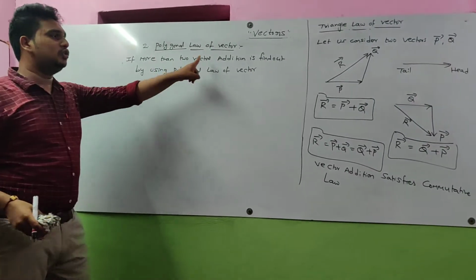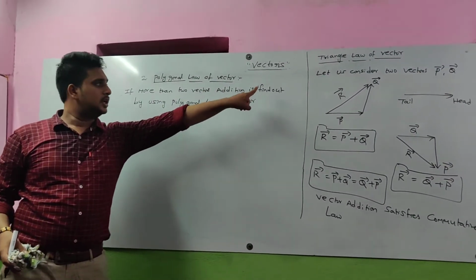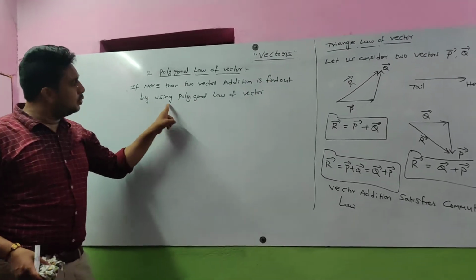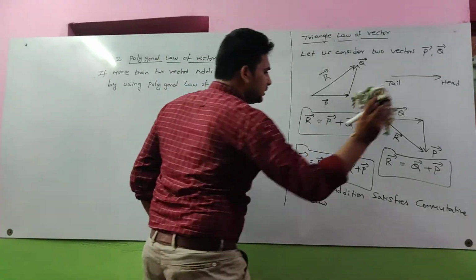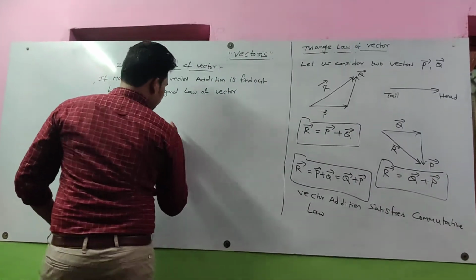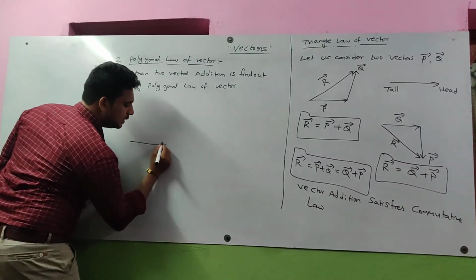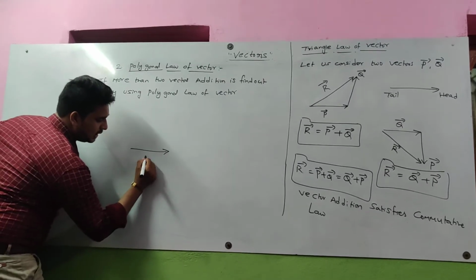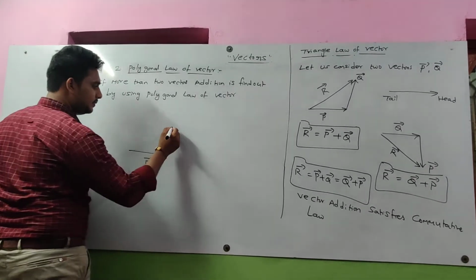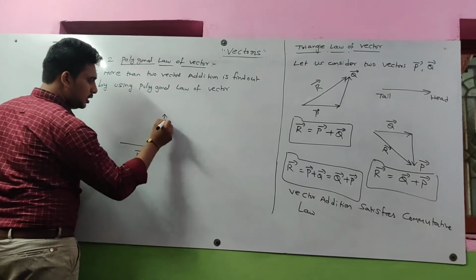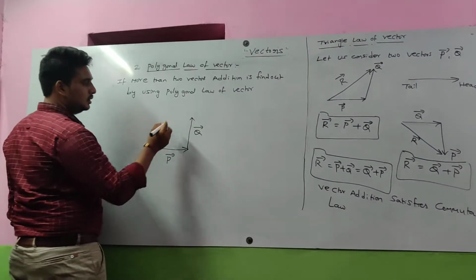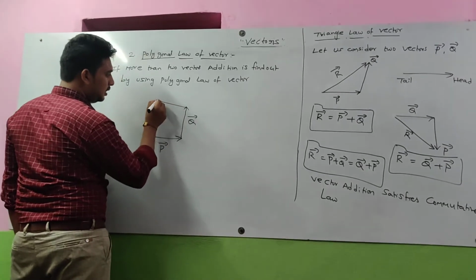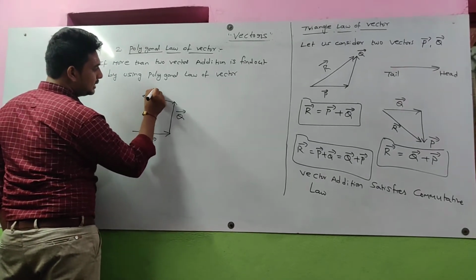If more than two vectors are added, the addition is found using the polygonal law of vector. For example, P bar is one vector, Q bar is another vector, and R bar is another vector.